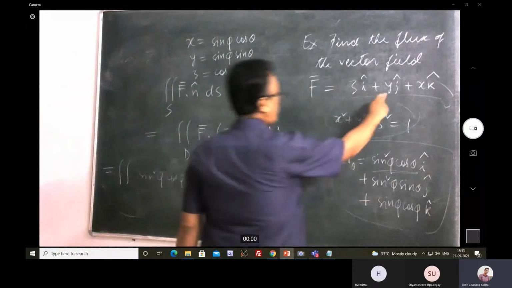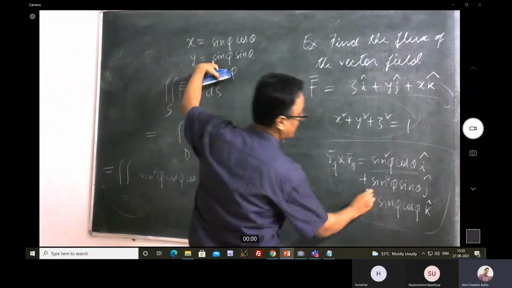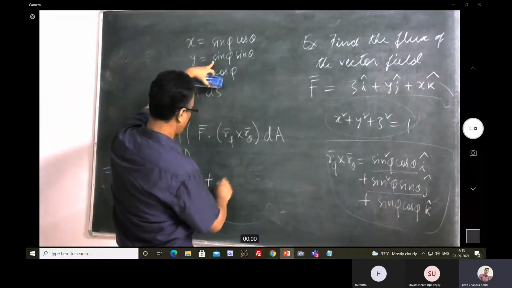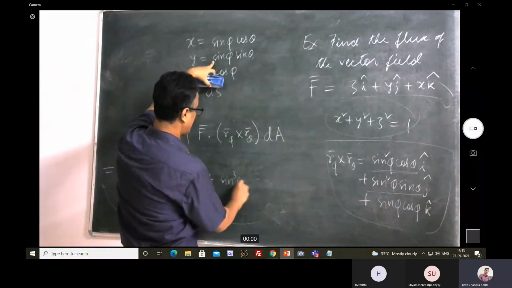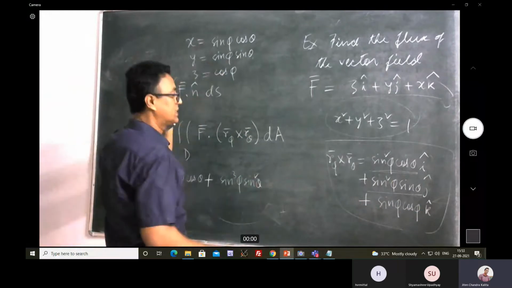Then y is sin phi sin theta, so I have to multiply it by this, and I am going to have sin cubed phi sin squared theta.